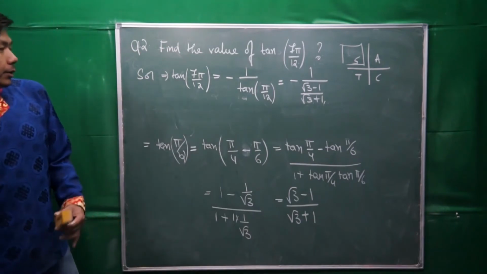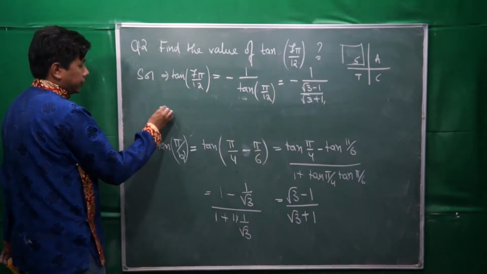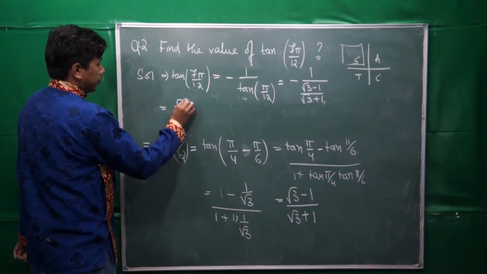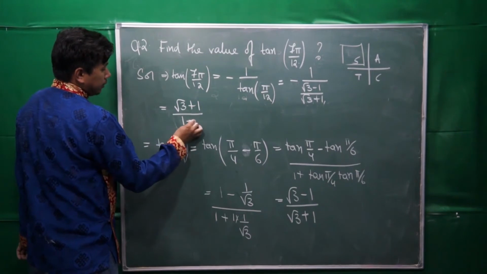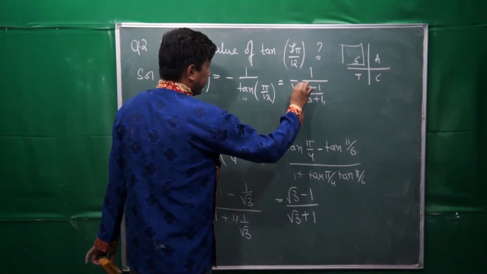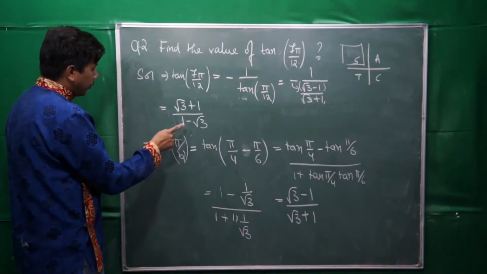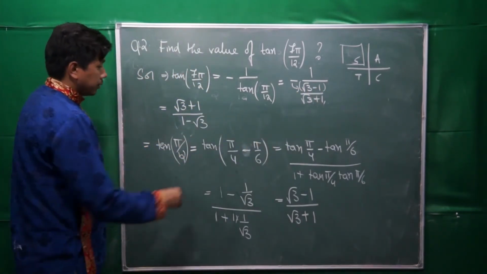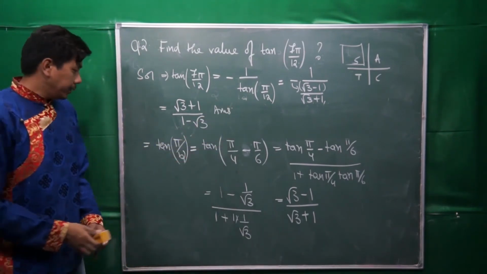Clear? So if you solve this negative within the brackets, it's going to give me root 3 plus 1 upon 1 minus root 3. I'll multiply this negative within this value. So this gives me minus 1 minus root 3. So this is the answer. Simple.